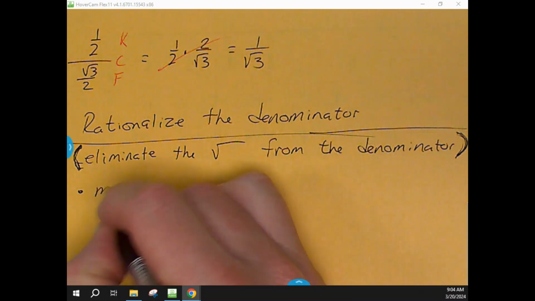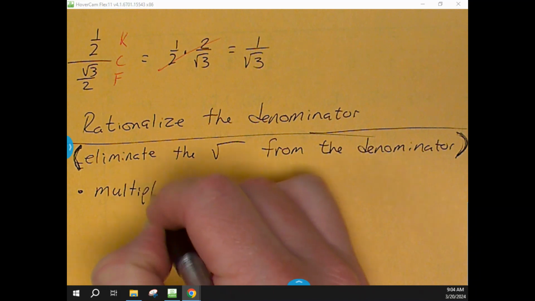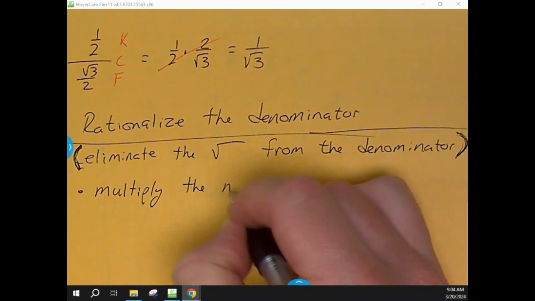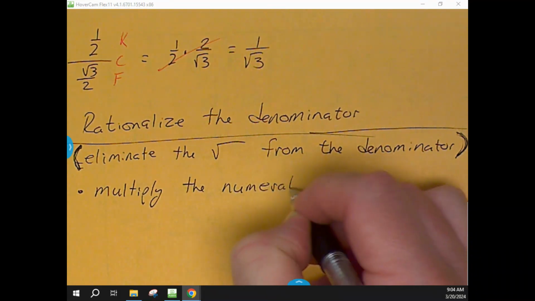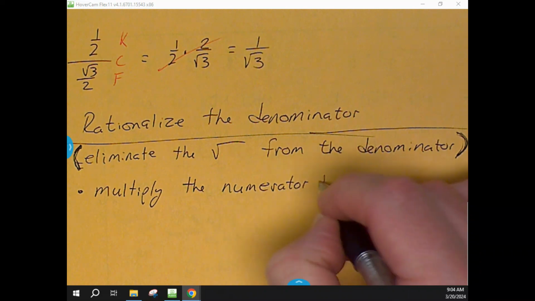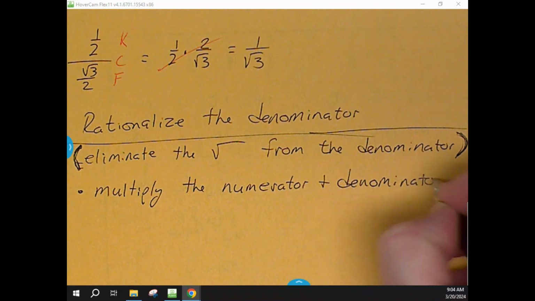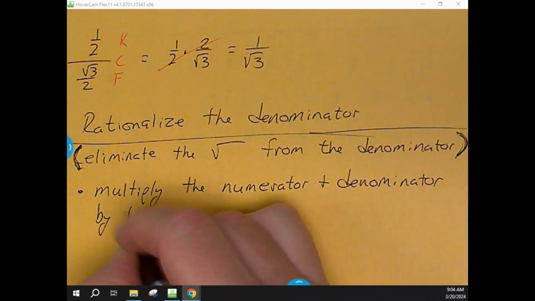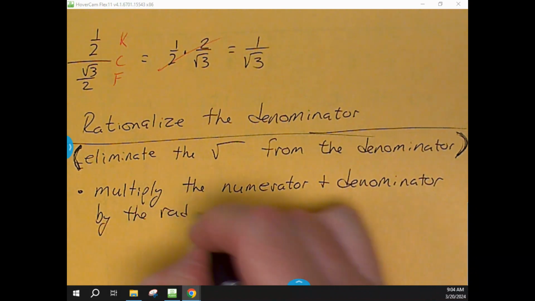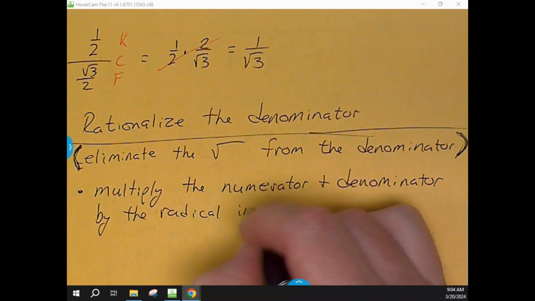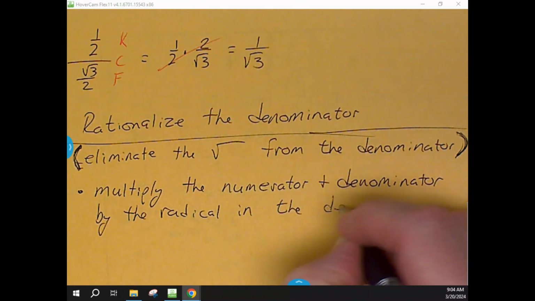You're going to multiply the numerator and the denominator by the radical in the denominator.